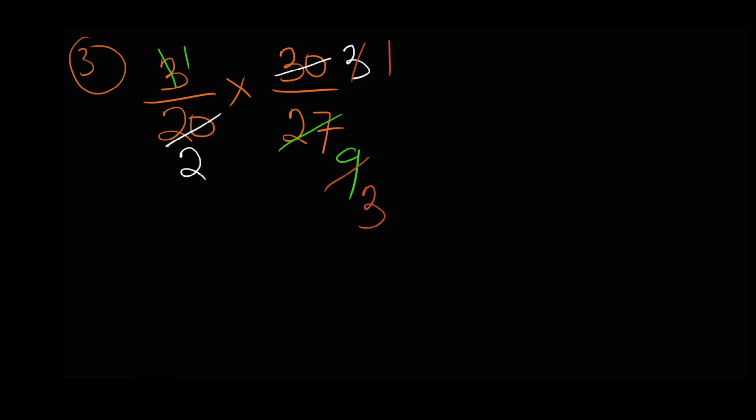So in this case right now, I can conclude by saying 1 times 1 is 1, and 2 times 3 is 6. So my final answer is 1 over 6. Very easy. I believe you are getting this concept.